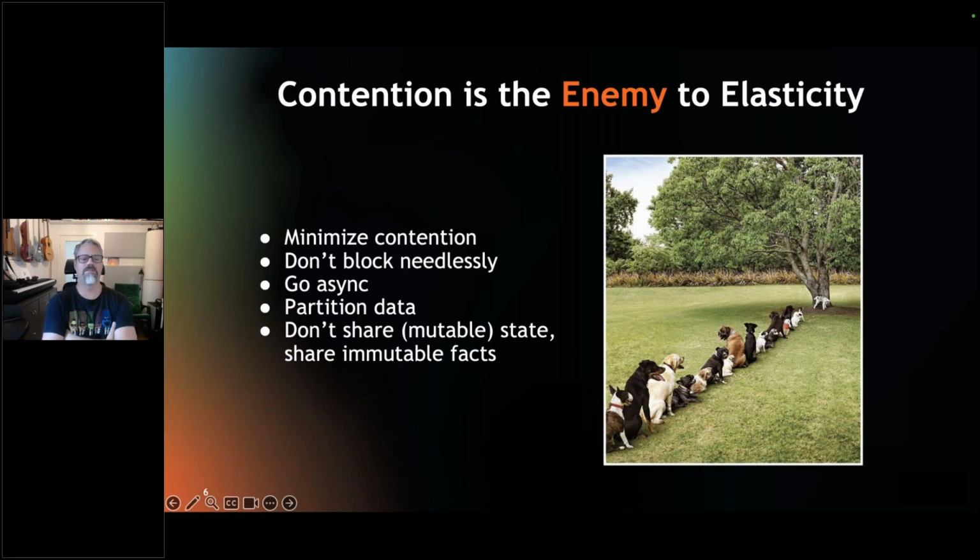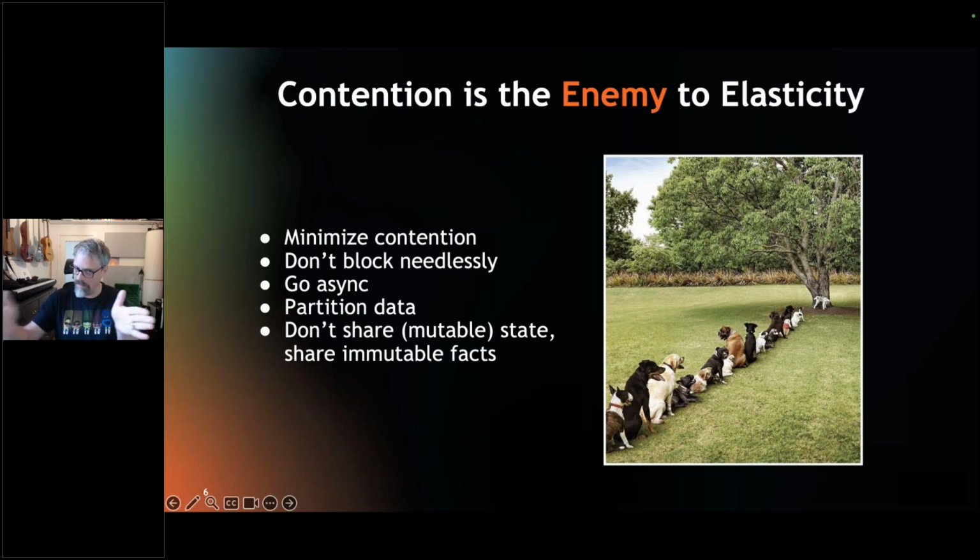And this gives you a really good foundation for being able to also partition your data. If you think about how you should model the data to fit this well, you can partition your data into smaller data sets, and that also gives you a way to minimize contention, because the larger the data sets, the more callers are probably going to want to access that specific data set, and that leads to higher contention.